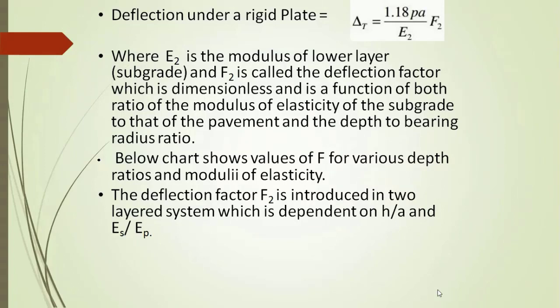The elastic modulus value of the additional layer has to be approximately 10 times the elastic modulus value of the subgrade, as we already discussed in the earlier slide. So it is nothing but E1 is equal to 10 times E2, and the Poisson's ratio of both the layers has to be equal to 0.5. Due to this reason, construction of a pavement is carried out in multiple layers instead of a single thicker layer.